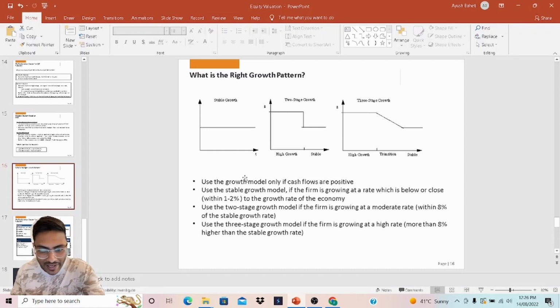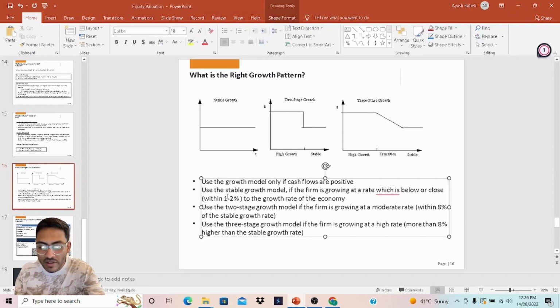Now let's see what this slide says. Use the growth model only if cash flows are positive. Use the stable growth model if the firm is growing at a rate which is below, or within 1 to 2% of, the growth rate of the economy. So basically you can use the stable growth model for mature companies. Use the two-stage model if the firm is growing at a moderate rate, within 8% of the stable growth rate.